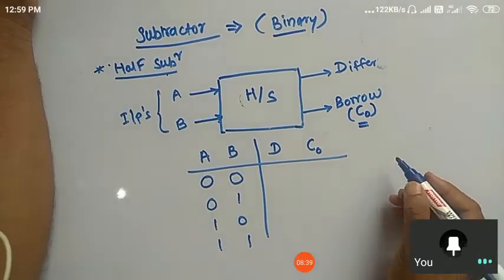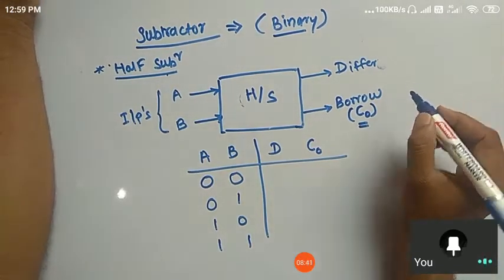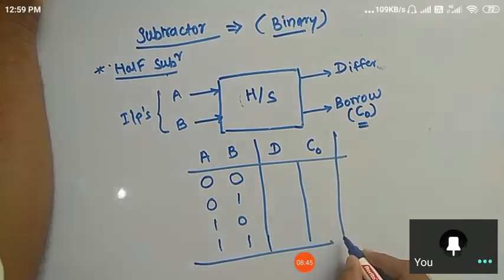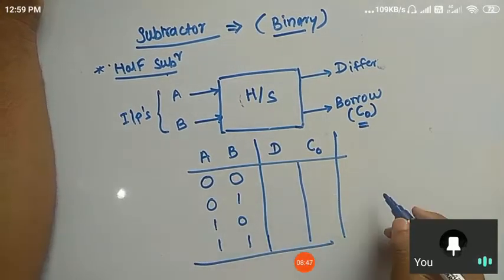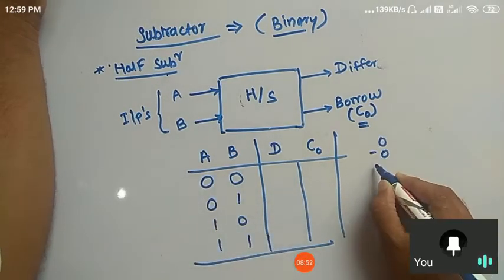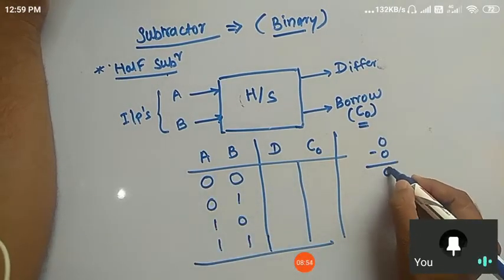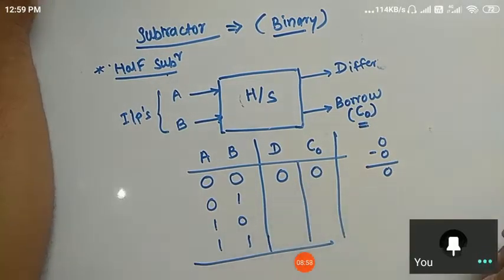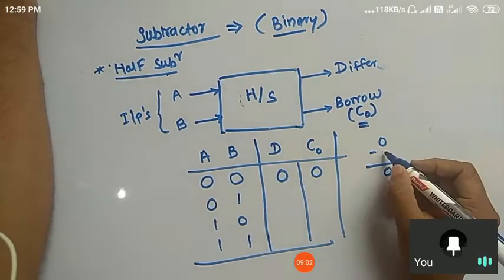As we have just seen the rules, we will find out the outputs in these 2 columns. First case, 0 minus 0, the difference is 0 and obviously the borrow will be 0, right? Second one, 0 minus 1.